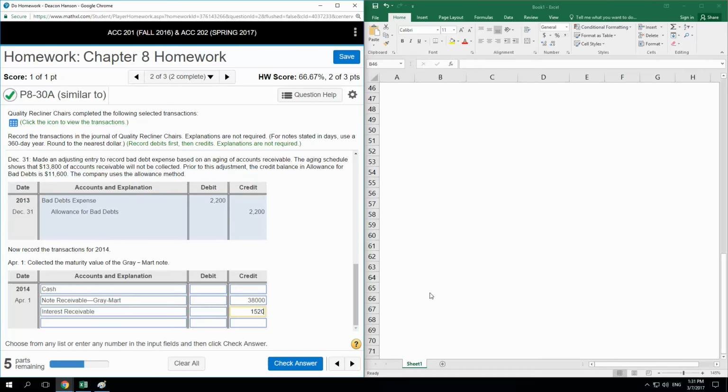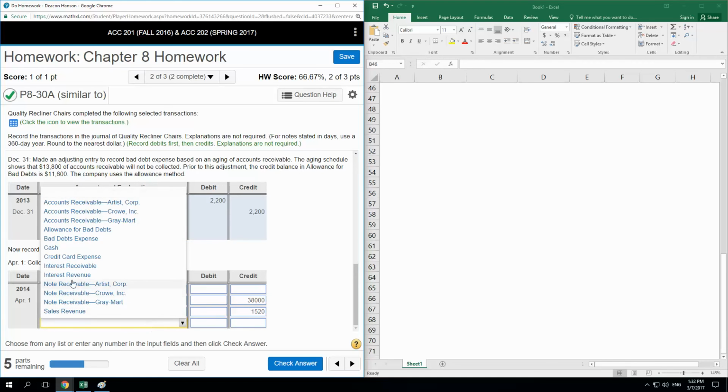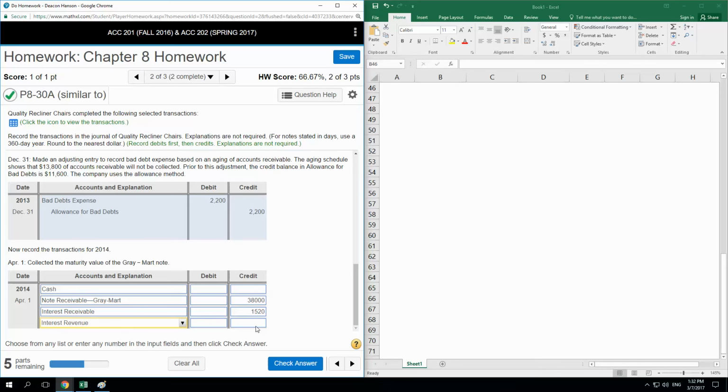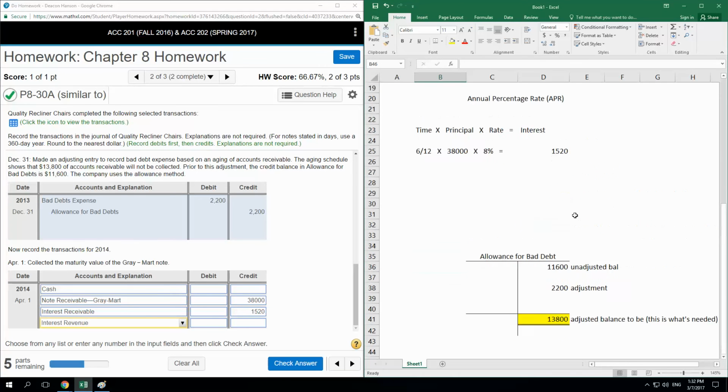right? And then finally, we're going to collect the last 3 months worth of interest, because we've accrued 6 months and it's a 9-month note, so we're going to collect interest revenue for the last 3 months. And we could use the same formula.